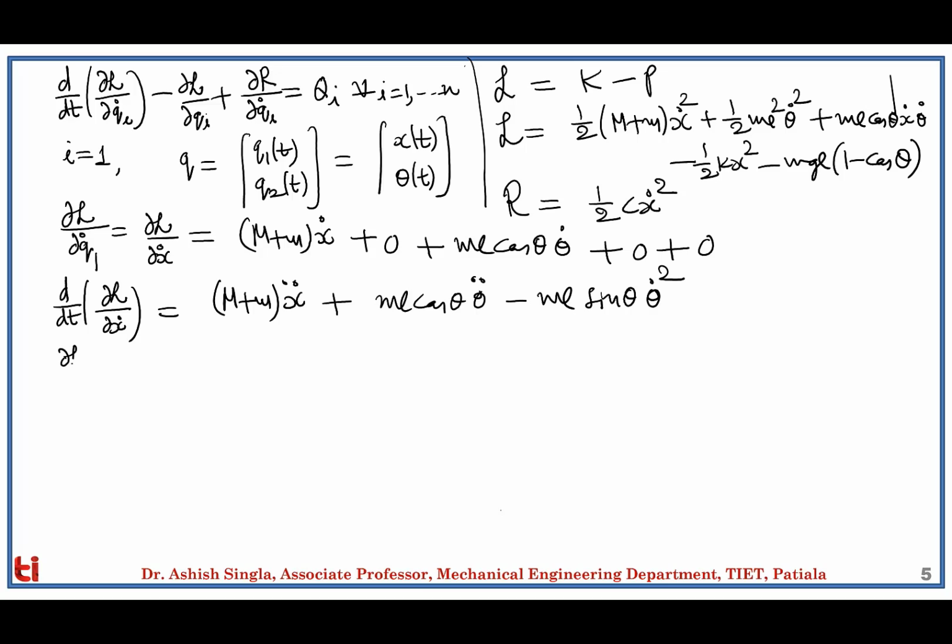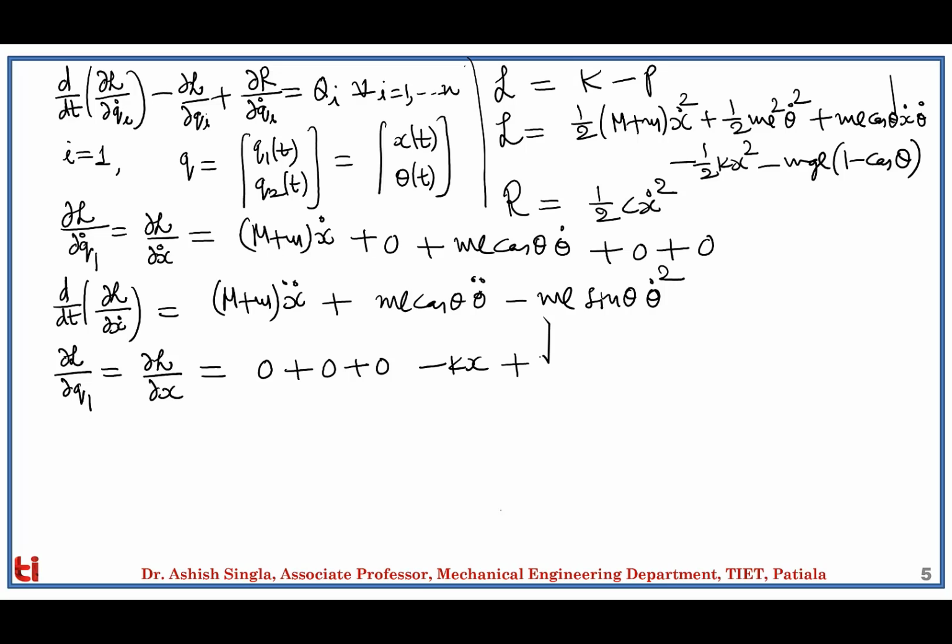Next we have del L by del q1, which should be equal to del L by del x. First term, no contribution from x, 0, plus second term is also 0, third term is also 0, the fourth term is minus kx, and the fifth term is again 0.